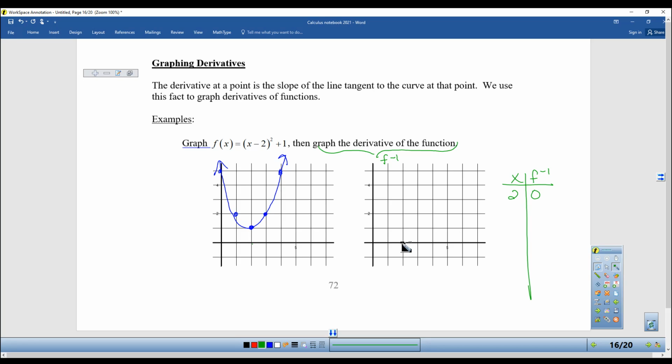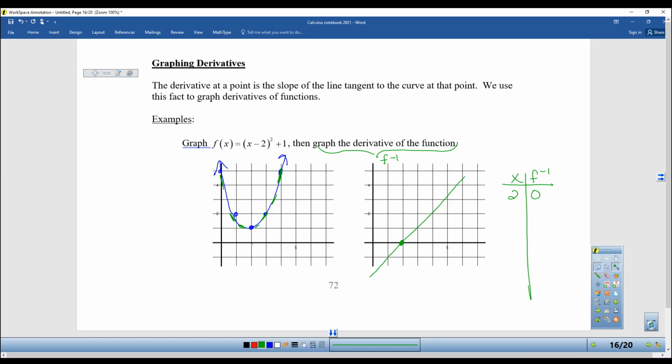So this is going to be a point on my graph. Before that, I know the slope is negative. It's really negative, and then it's a little less negative, and then it's really less negative. Now, I don't need to actually plot those points. I can just go like that. And after that, the derivative becomes positive, more positive, and then an even greater positive number. So I'm just going to go like that.